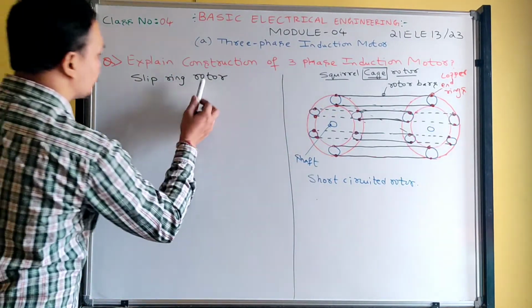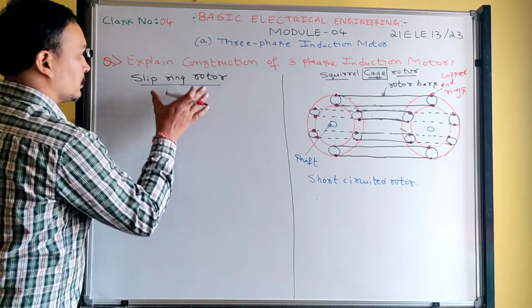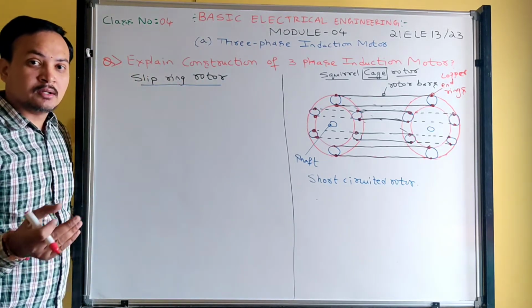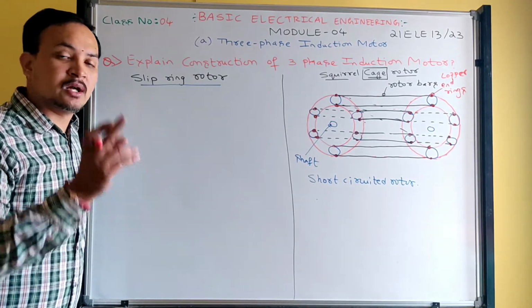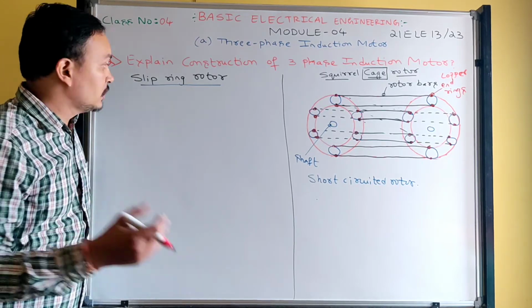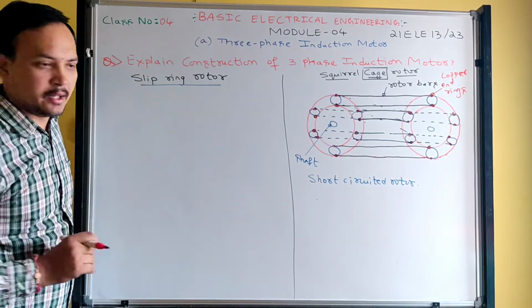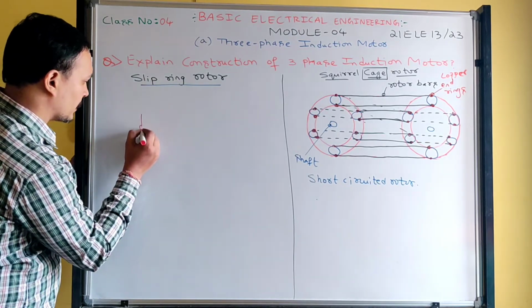Next, look at here, slip ring rotor. In the slip ring rotor, the rotor construction has a three-phase winding, similar to the stator winding. Just as the stator has three windings, in the rotor also there will be three windings. So let me draw the diagram. Please observe how I am going to write.